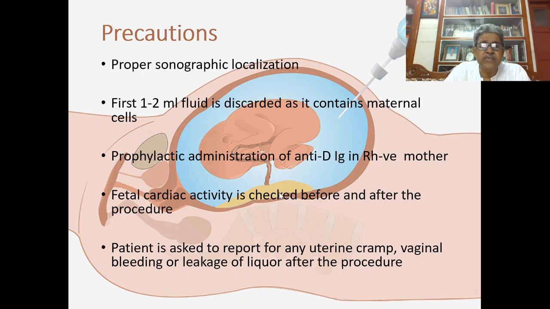So it is very important to check before and after the amniotic fluid collection. Now, another point, the patient is asked to report any uterine cramp, vaginal bleeding or leakage of liquor after the procedure. So these precautions should be followed during amniocentesis.